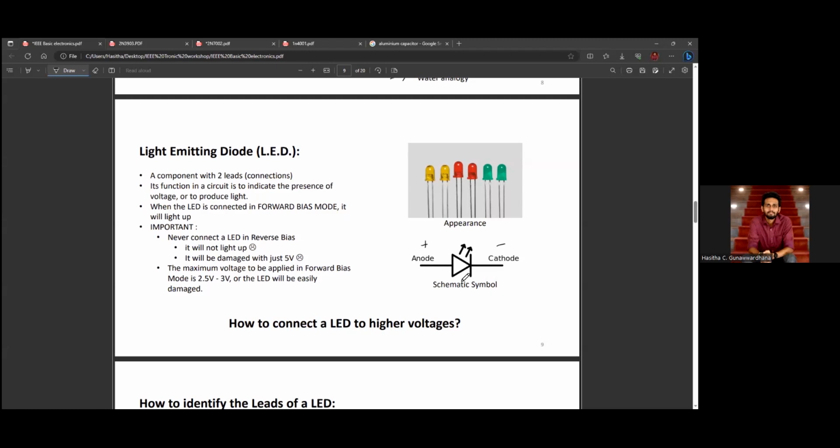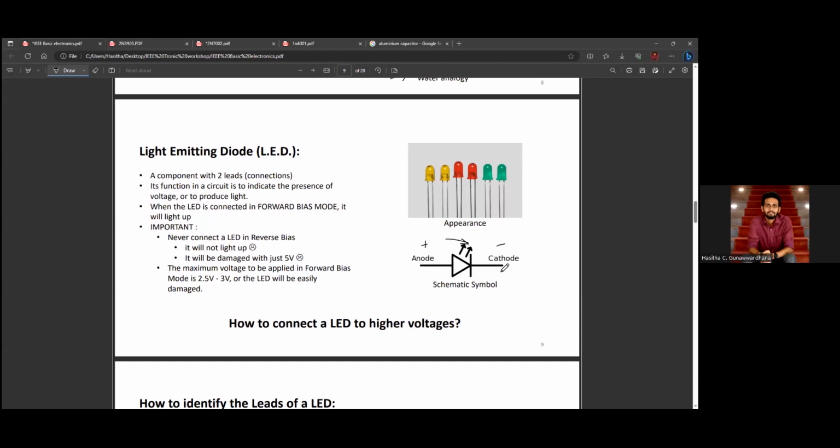In LEDs also, the current flows only in one direction, which is denoted by this arrow, and these two arrows represent that this diode is emitting light to the outside. If we connect this LED in reverse bias, it will definitely not light up, but in most cases it won't be damaged.